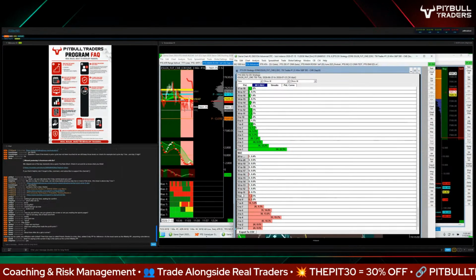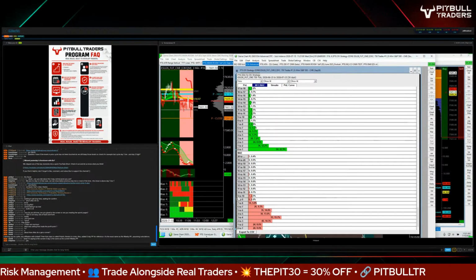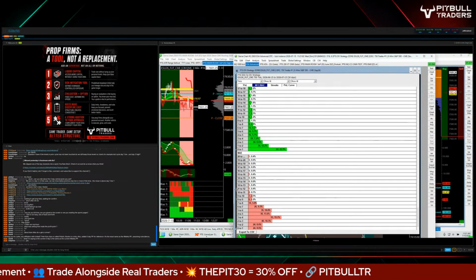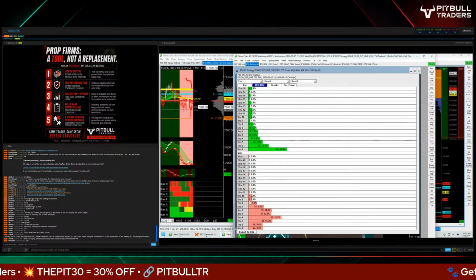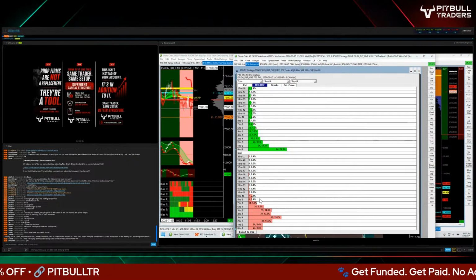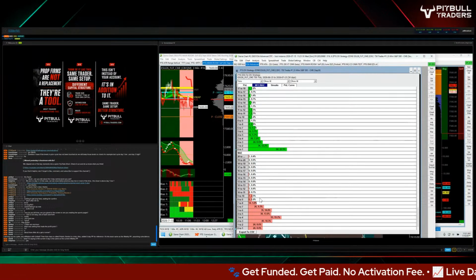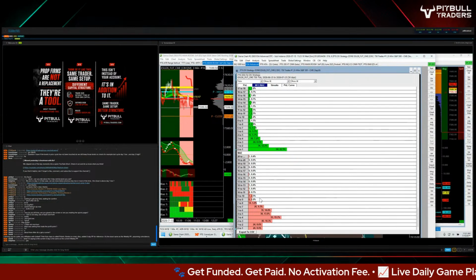But the point is, now you can see 9 to 10, 10 to 11, 11 to 12. The frequencies of those drop off dramatically, don't they? So now a stop maybe at 9 to 10 or 10 to 11 in that area, because they're less frequent, there's going to be less chance of getting stopped out.